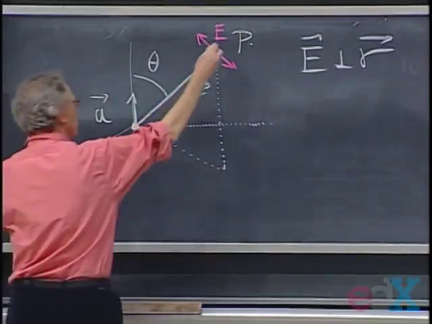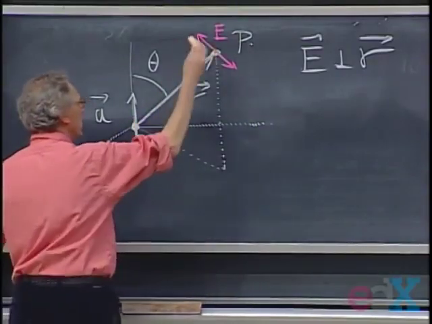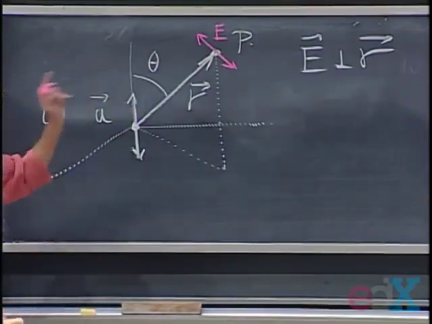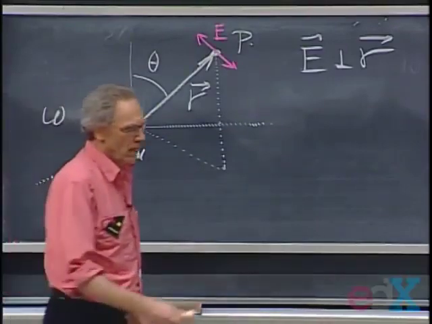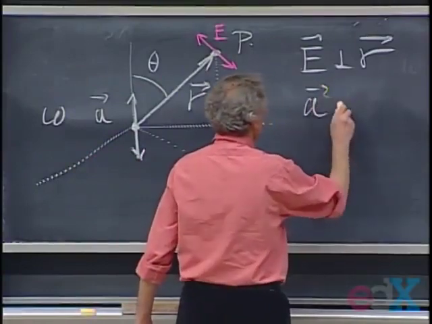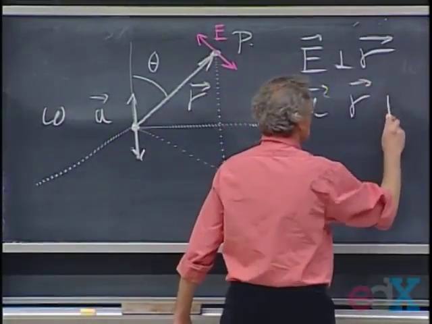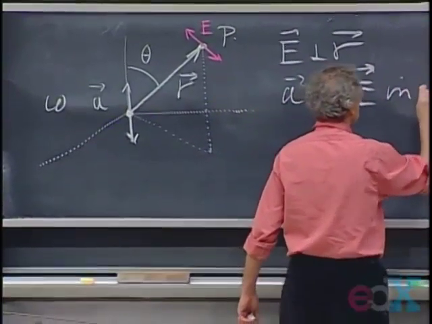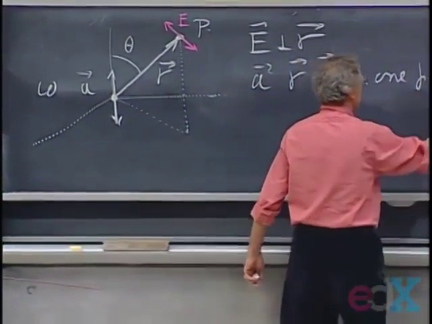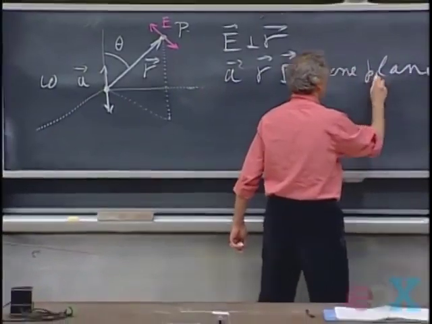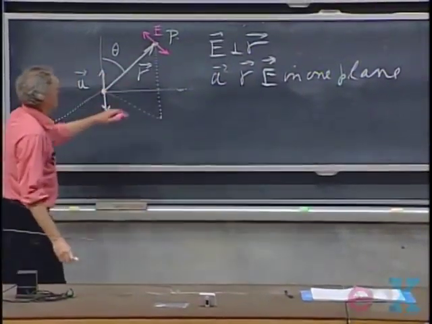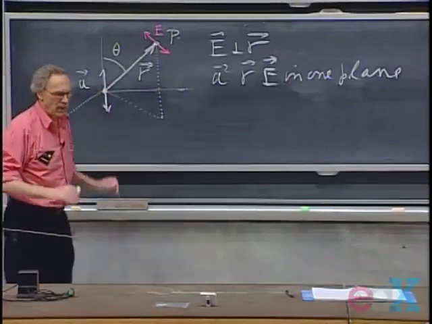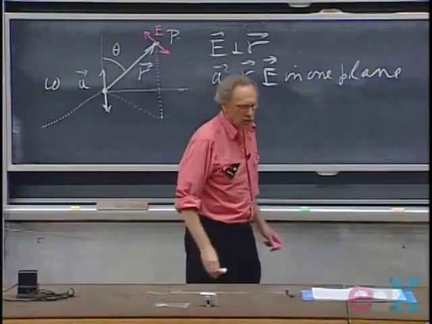So you're looking in this direction to the charge, the electric field that you experience, if the charge is doing this, it's always perpendicular to r. And A and r and E are always in one plane. And notice, that's the way I drew it in the blackboard. E and A and r are in one plane. So it's extremely simple.